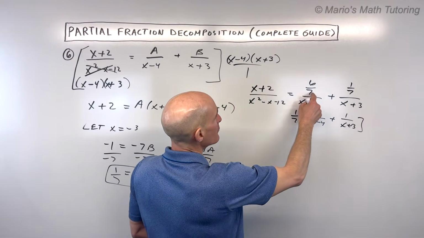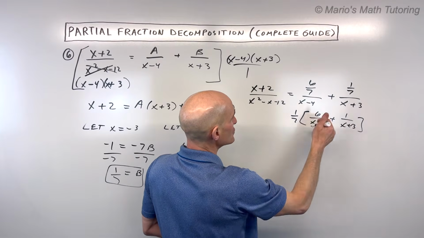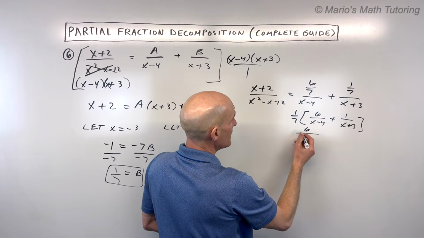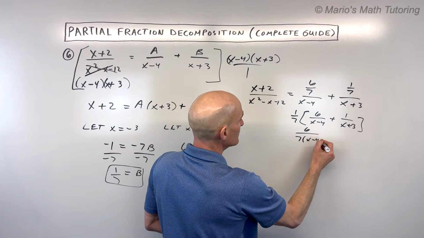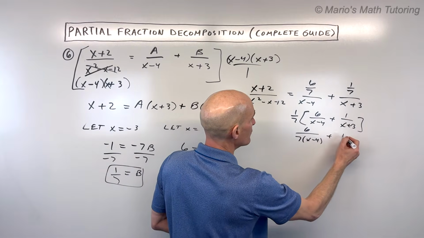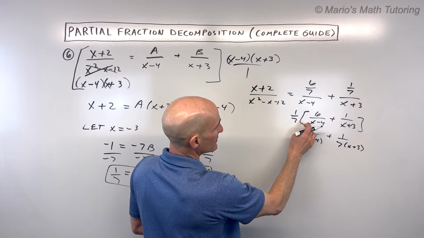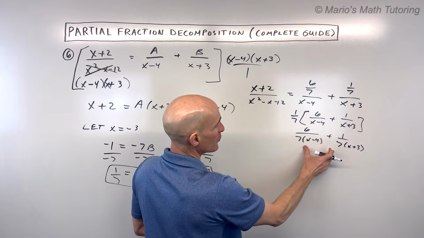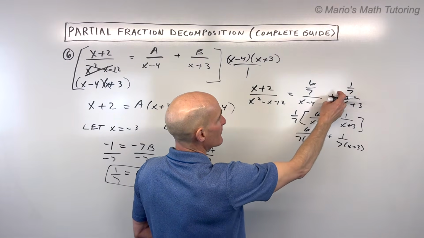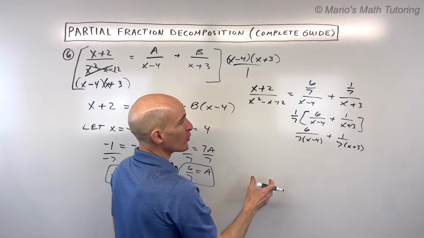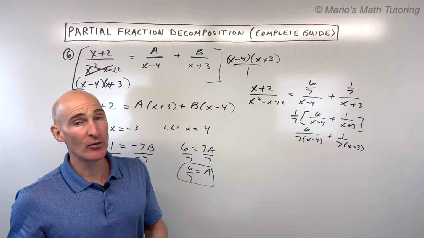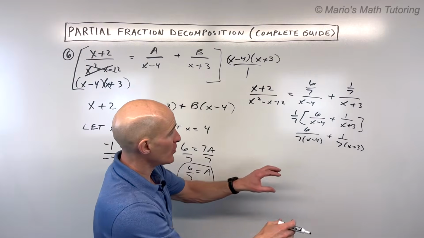Another option is you can bring the 7 to the denominator. So this would look like 6 times 7 times (x - 4) plus 1 times 7 times (x + 3). You can basically see I'm multiplying the 7 to the denominator and the 1 to the numerator, but it's kind of just like bringing this denominator down. This is also equivalent. So a couple different ways to write the final result, showing your partial fractions.